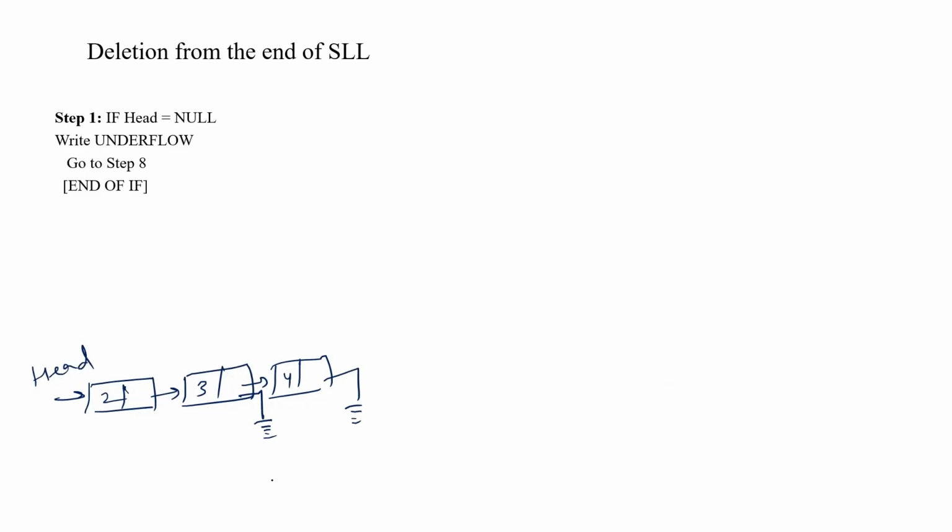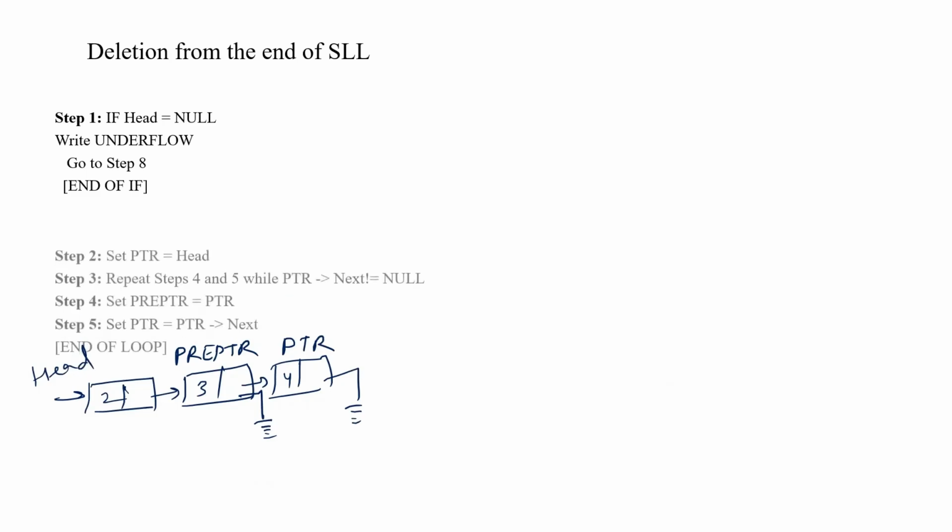So we will require 2 pointers. One is here, I want one pointer PTR, and here I want one more pointer, that is pre-PTR. But the main thing is, how are we going to bring the PTR and pre-PTR here? For that, what will we write?